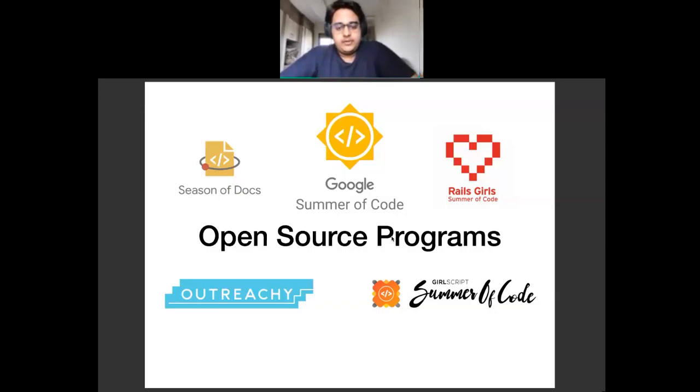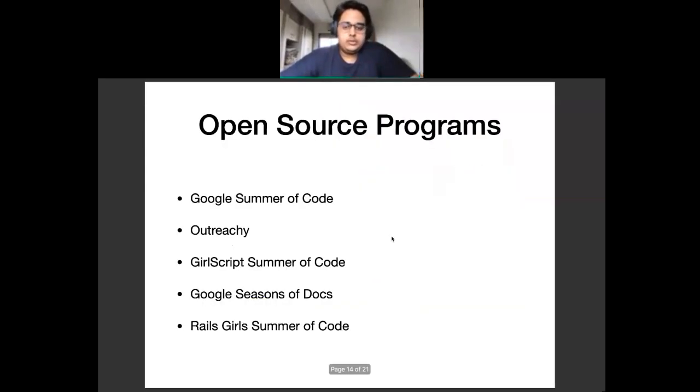Now we come to the different open source programs that we have. Till now we have been covering what is FOSS, how can you start contributing, and what contributing actually means. As a student developer, there are many programs available which you can participate in. So let us move on. Google Summer of Code being the most popular one.